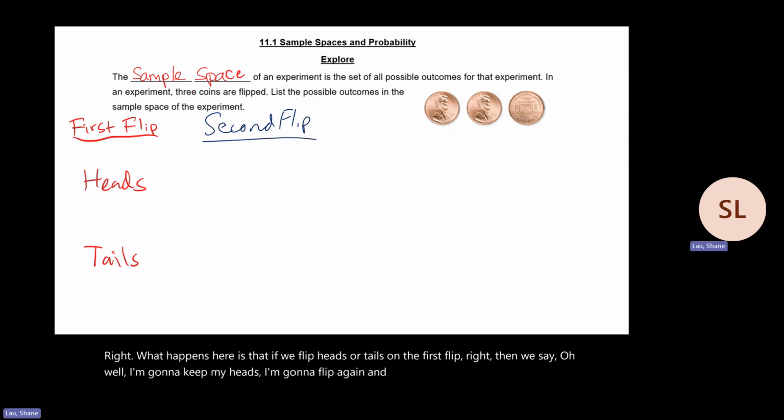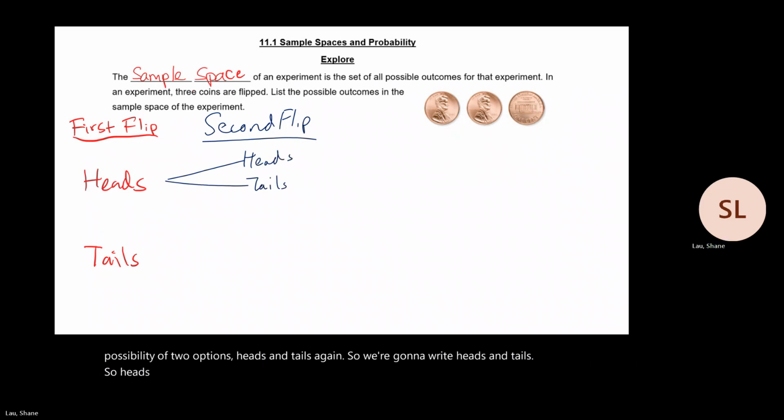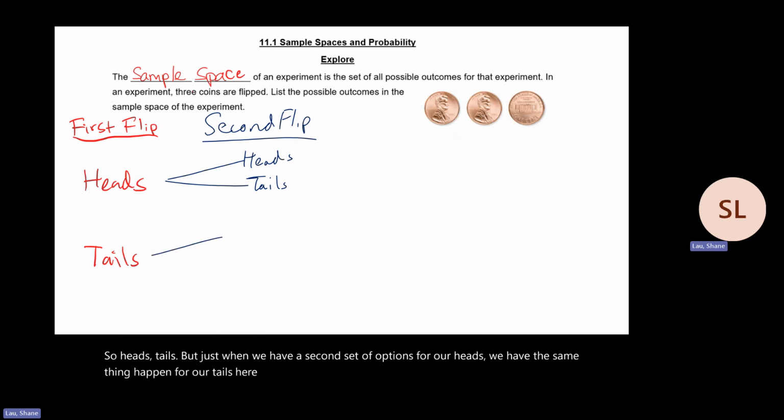From that second flip, we have 2 options, heads and tails again. So we're going to write heads, tails. Just like we have a second set of options for our heads, the same thing happens for our tails here. So we write heads and tails here.